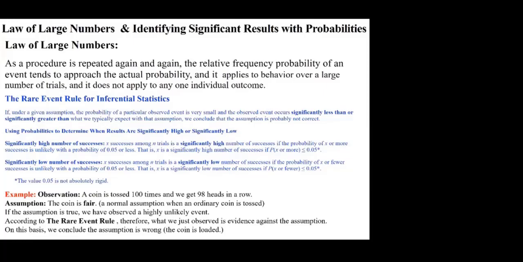So if the assumption is true, we have observed a highly unlikely event. It can't happen. Is that impossible or what? According to the rare event rule, what we just observed is evidence against the assumption. On this basis, we conclude the assumption is wrong. The coin can't be fair. It must be loaded.